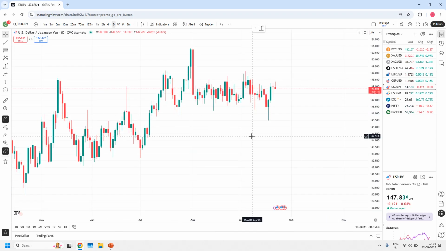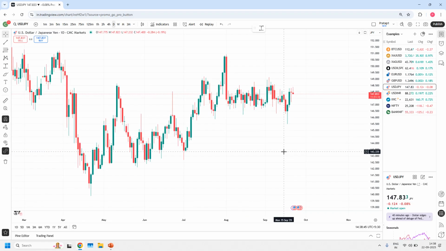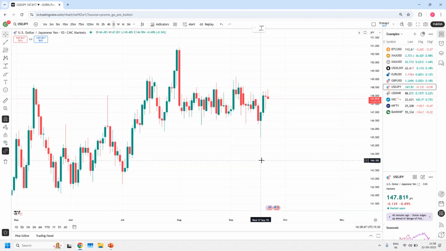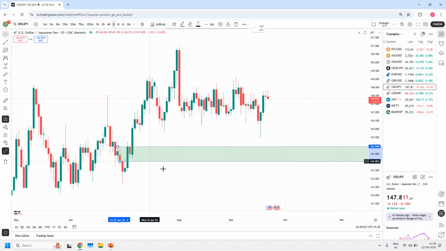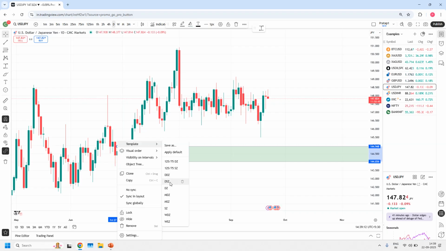Next one is USD and Japanese yen. See, here you have a drop, two base candles and a drop. This is a large candle. This is a failed ERC, not a base candle. And this is a supply zone. Drop, base, drop.